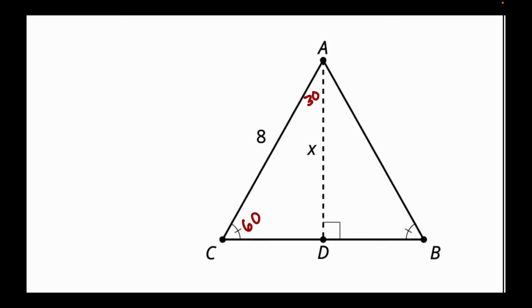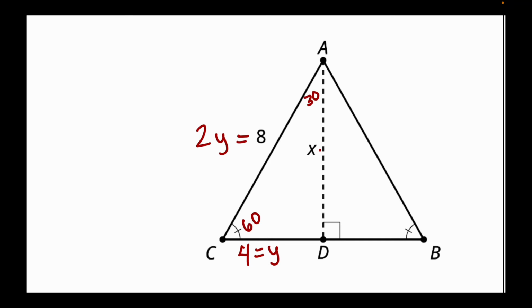We know that the hypotenuse is twice the length of the short side. But they're using x to represent the height, so I have to use a different variable. I'm going to use y and say that if the short side is y, then the hypotenuse is twice that. That means that since the hypotenuse is 8, the short side is now 4.